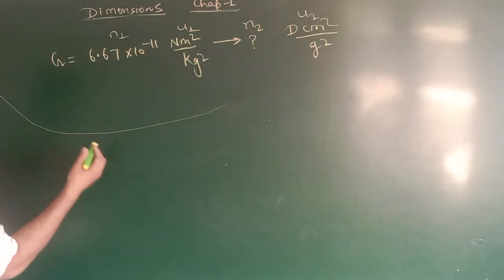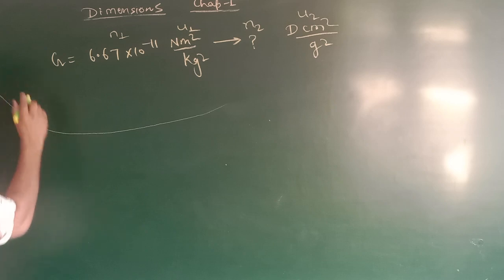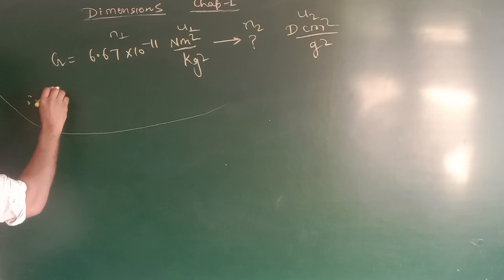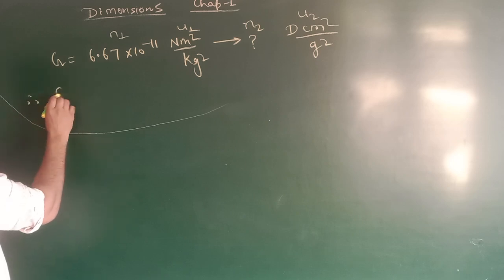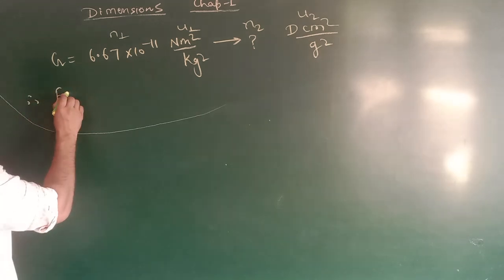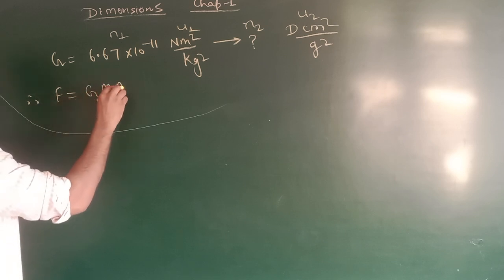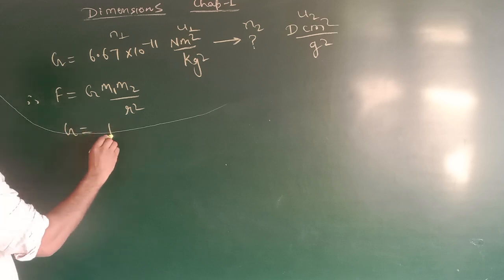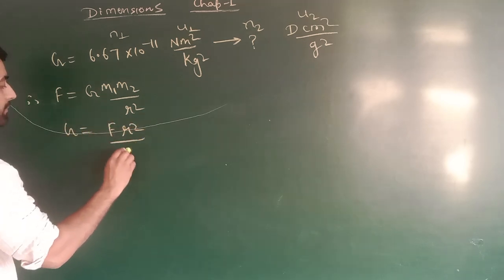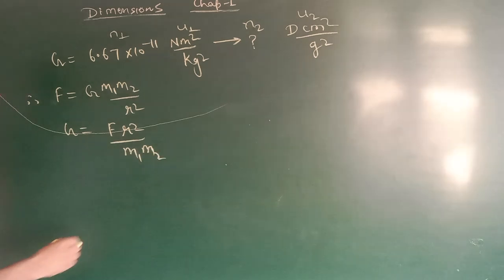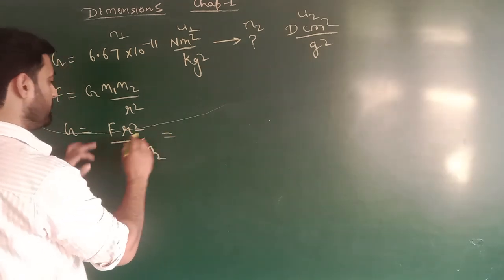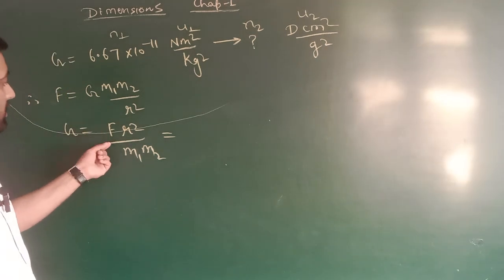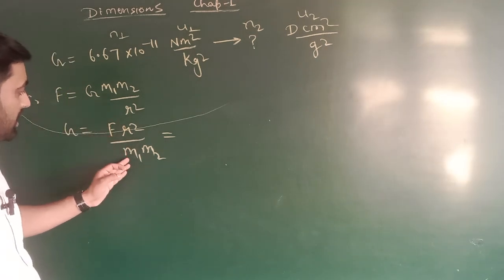So our formula is, let's find out first the dimension of G. In order to find the dimension, we have the formula of universal gravitational force, that is F equals G times M1 M2 divided by R square. So G becomes F R square divided by M1 M2. You will have to first split all the physical quantities like force, radius, mass and mass.